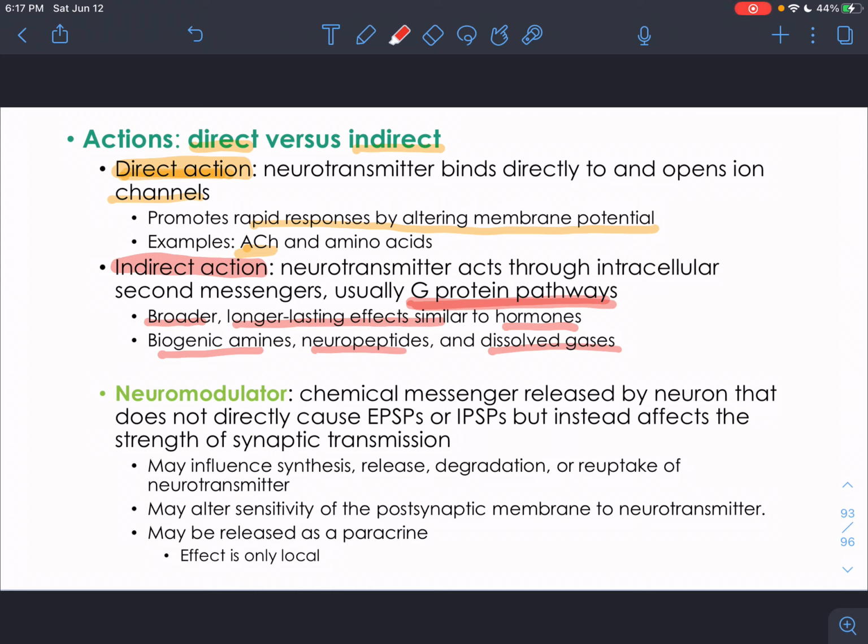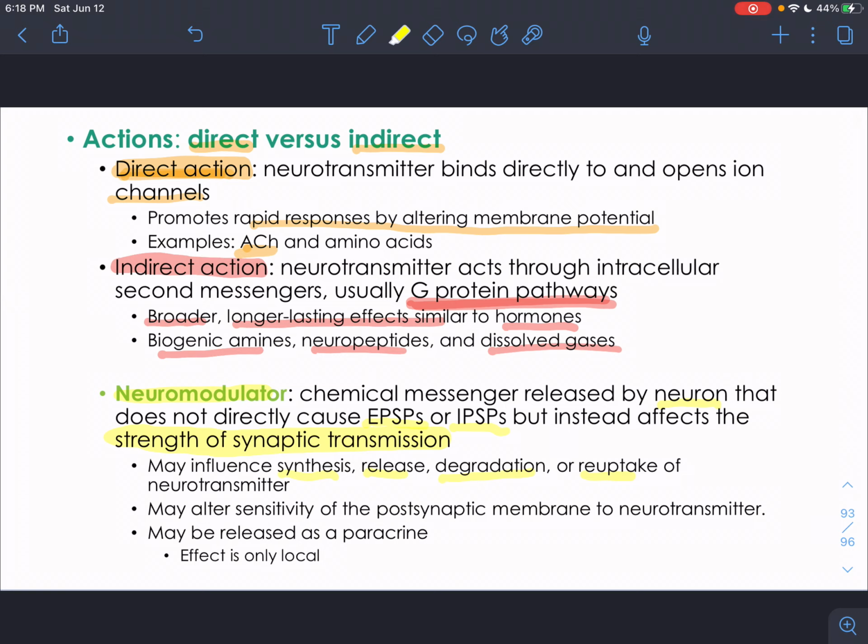We also have something known as neuromodulators, which are going to be chemical messengers that are also released by neurons. They're not directly causing excitatory or inhibitory postsynaptic potentials, but instead they're going to affect the strength of the synaptic transmission. Okay, so they can influence the synthesis, release, degradation, or reuptake of the neurotransmitter.